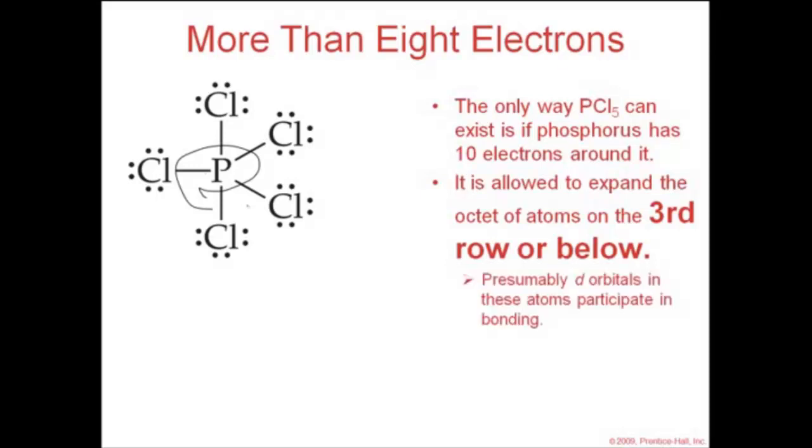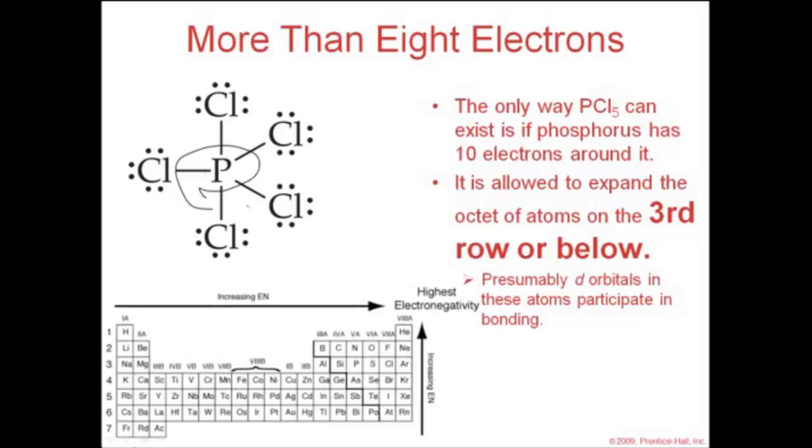Now, the only elements that can have an expanded octet are those that have d electrons. So the current wisdom is that you need d orbitals, even if they are unoccupied, that allows for this expanded octet. So what that means is anything in row 3 or below.